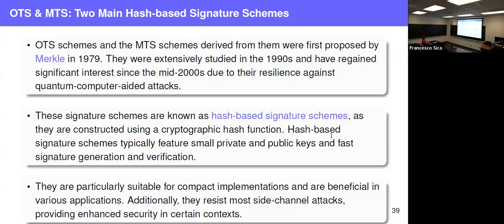Many-time signatures can reuse key pairs for multiple signatures, but a security risk will arise. But both approaches were first proposed by Merkle in 1979.